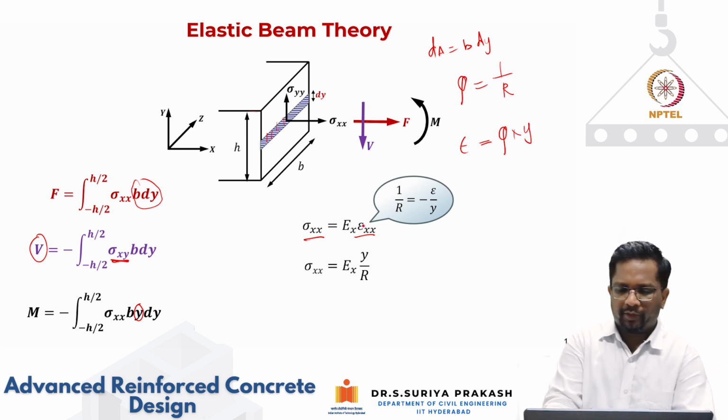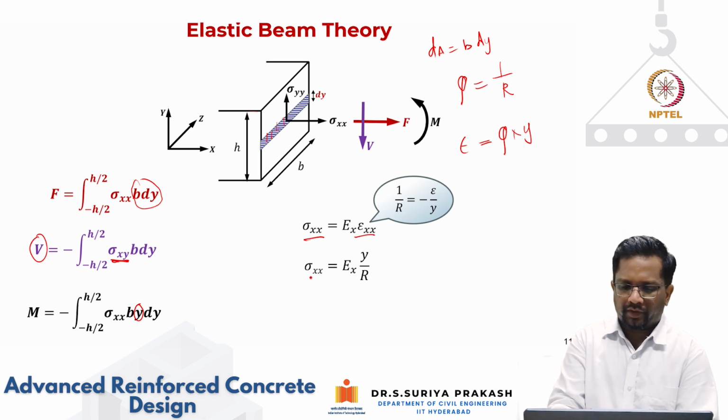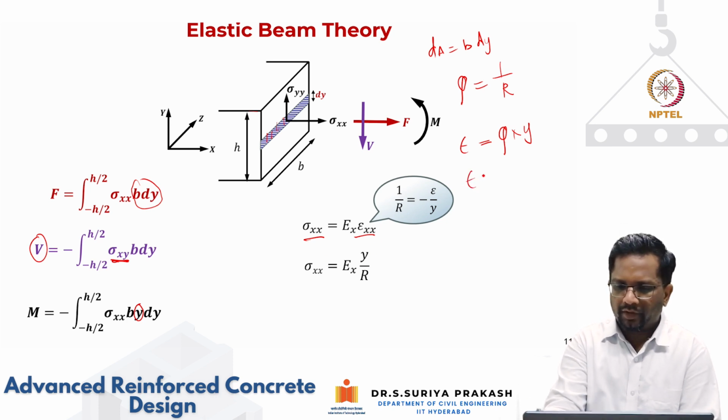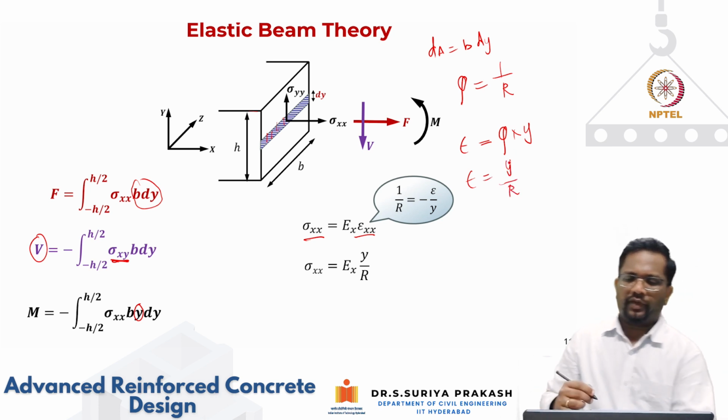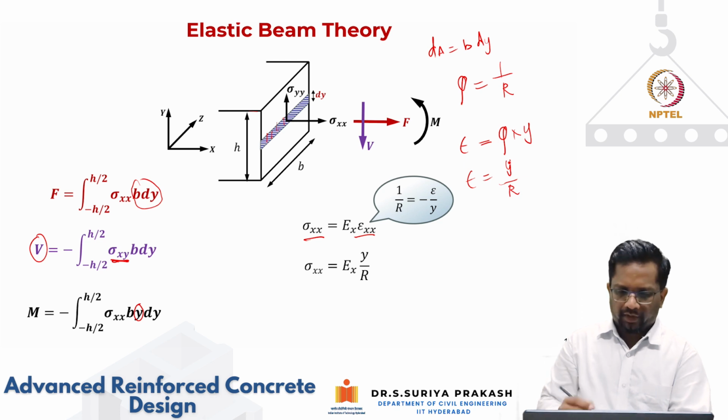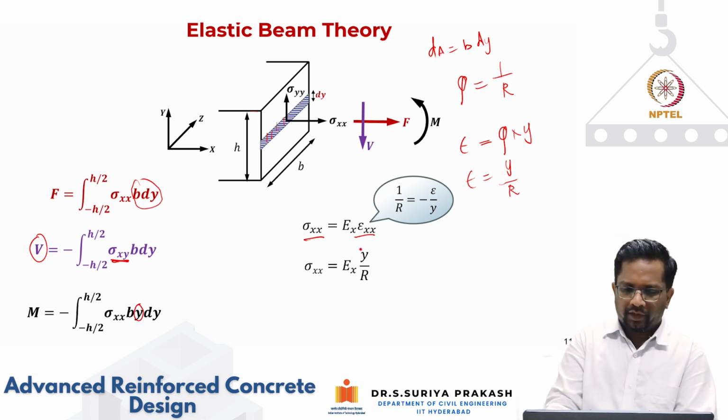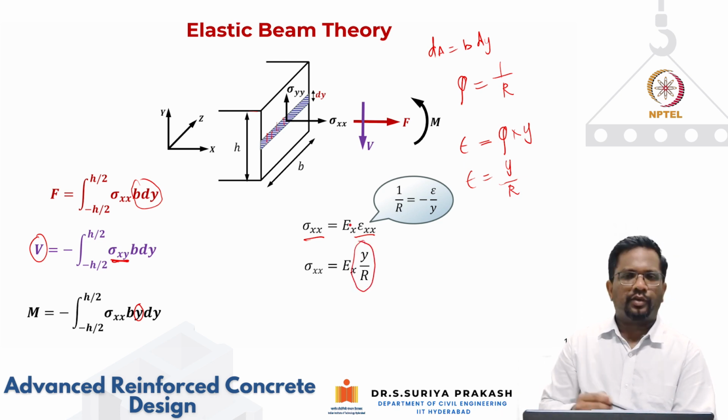So if I replace epsilon xx in terms of curvature, epsilon is nothing but y by r, because phi is basically 1 by r.